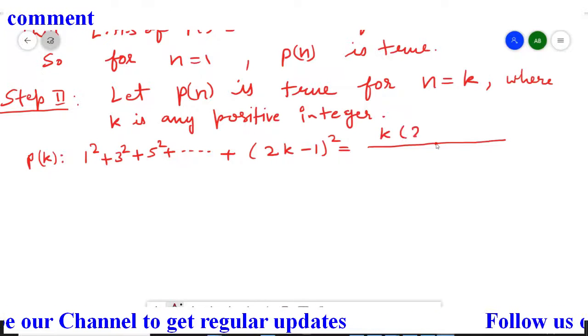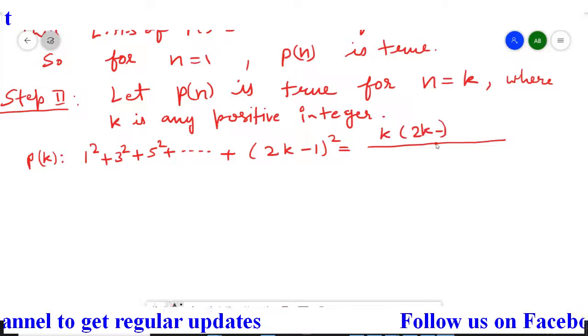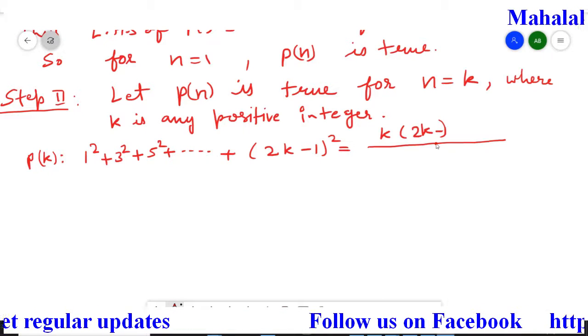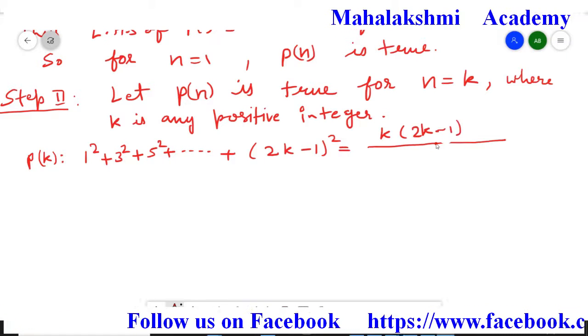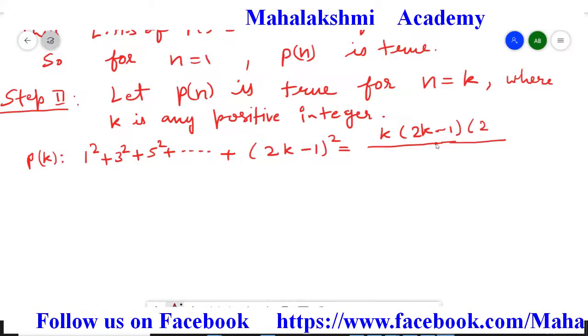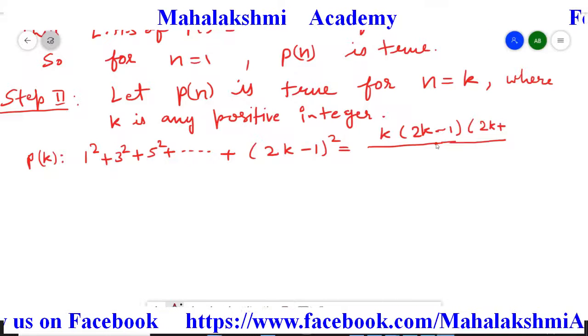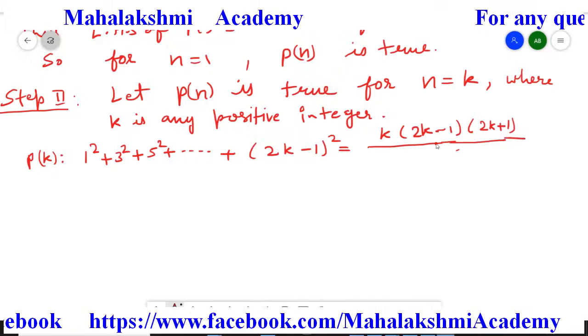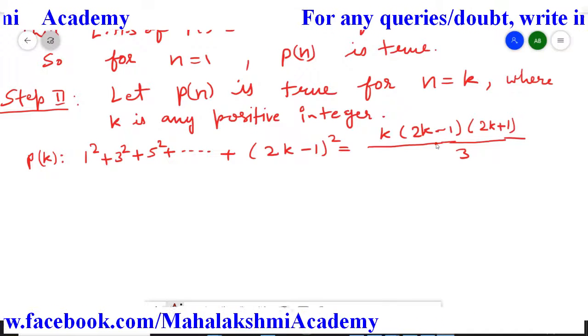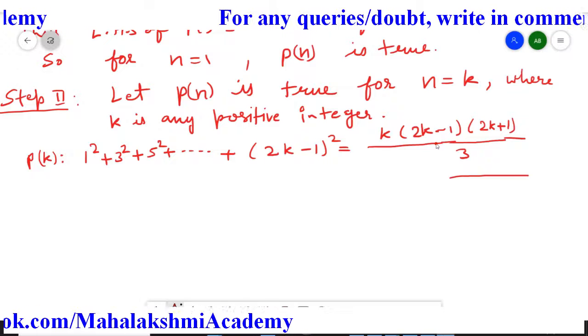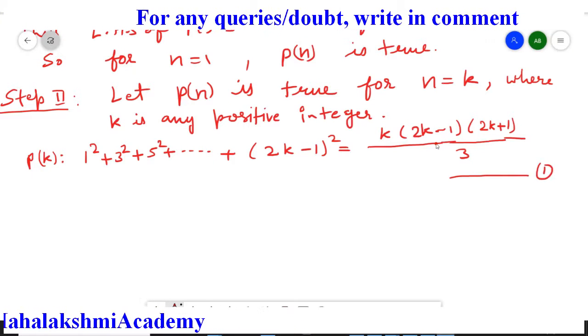So k bracket 2k minus 1, then bracket 2k plus 1 bracket close divided by 3. So in the second step we do not have to prove anything, we only have to assume that it is true. Now we move to the third step.